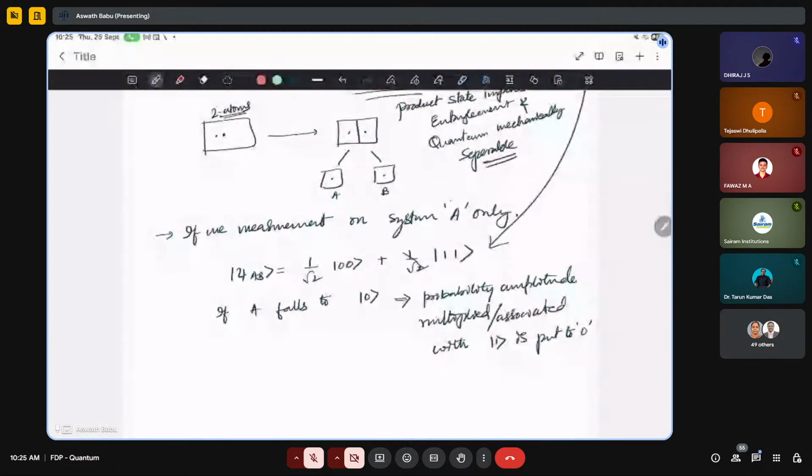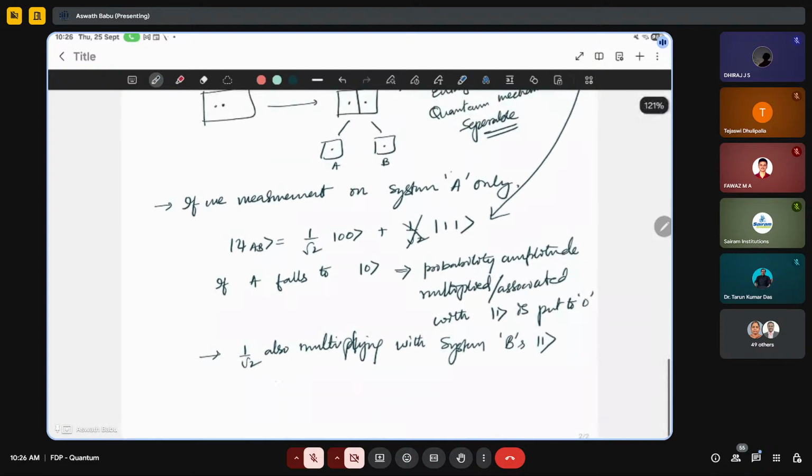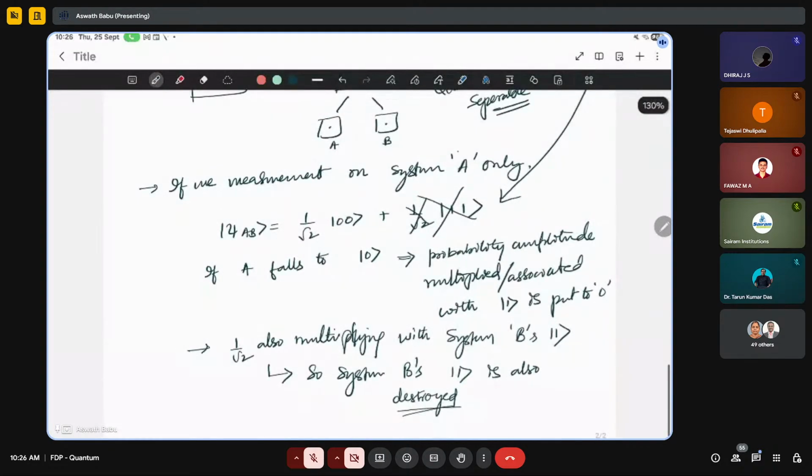So this one is going to be nullified. The problem is that it is also multiplying 1 by square root of 2, which is also multiplying the system B's 1 ket. So the system B's 1 ket is also destroyed. The overall state gets destroyed.